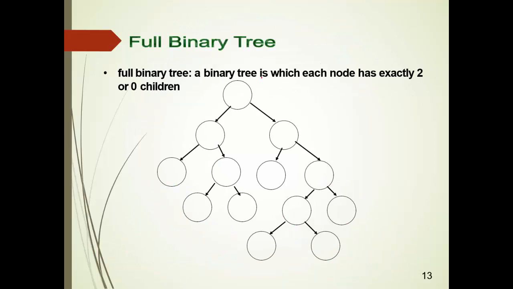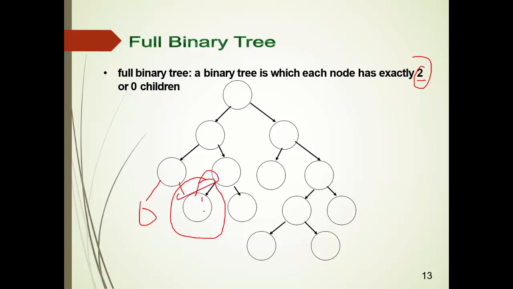So then in binary tree, you can say a full binary tree. A full binary tree is a binary tree which has exactly 0 or 2 children. If, for example, we don't have this, yes, it is a binary tree, but it is not a full binary tree, because a full binary tree should have 2 children or 0.